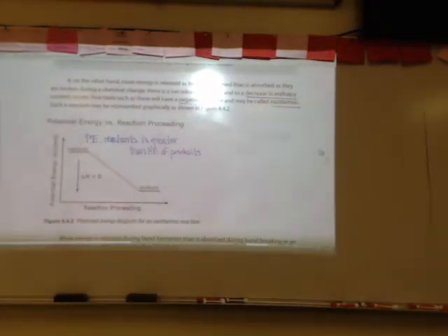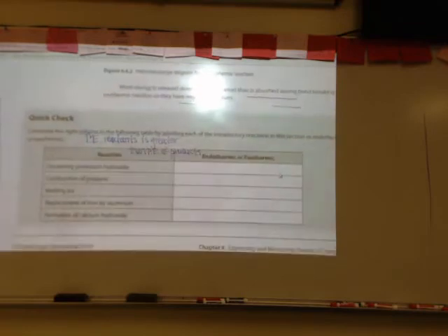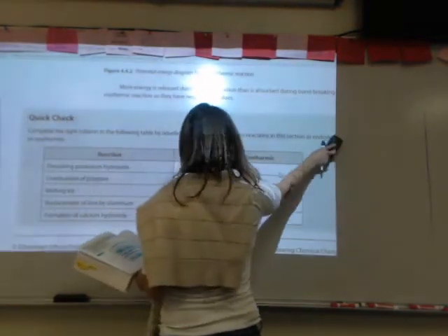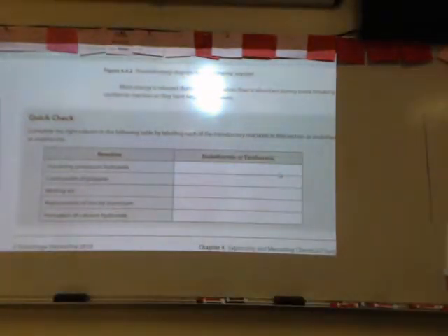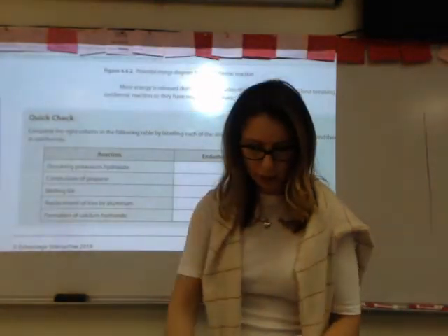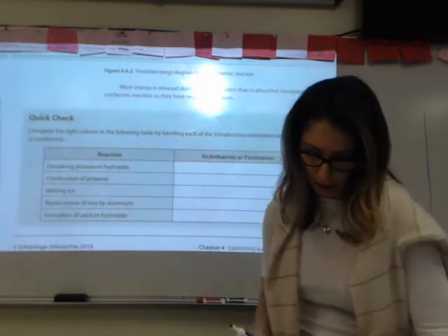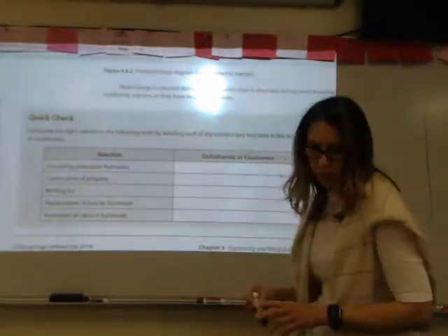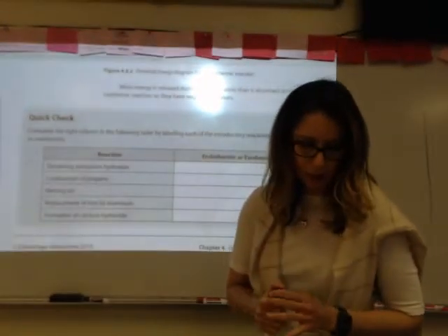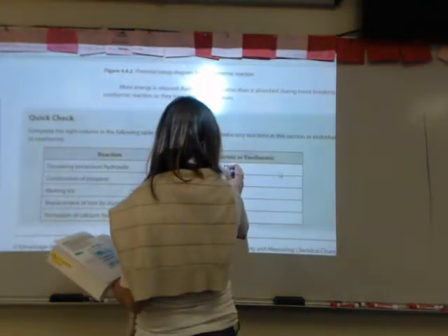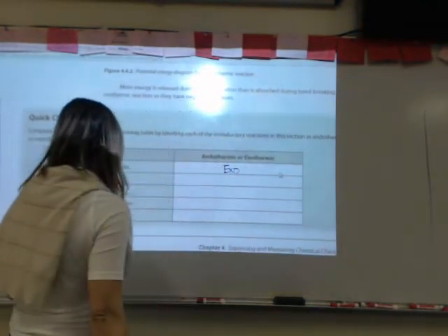So let's take a look at the quick check here. Complete the right column in the following table by labeling each of the introductory reactions in this section as endothermic or exothermic. The first one is dissolving potassium hydroxide. So that had a negative delta H, so that meant that it was an exothermic process.